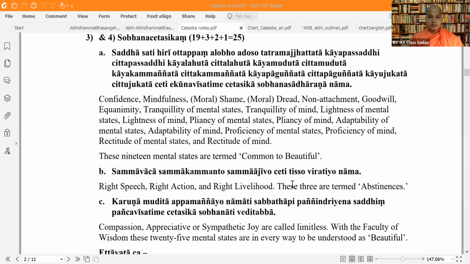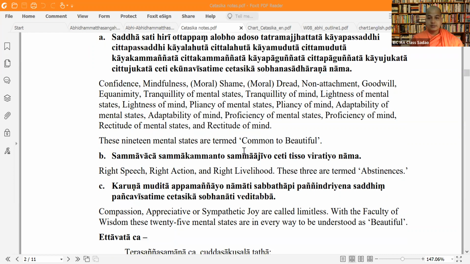As a renunciant, you cannot tell lies. You just take whatever is needed, right? And so all kinds of explanations are found. You can look at the Visuddhimagga and also the Samannaphala Sutta for this.